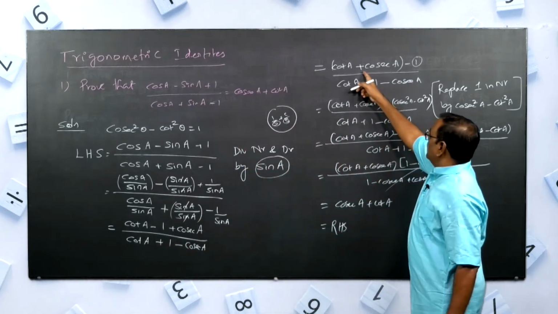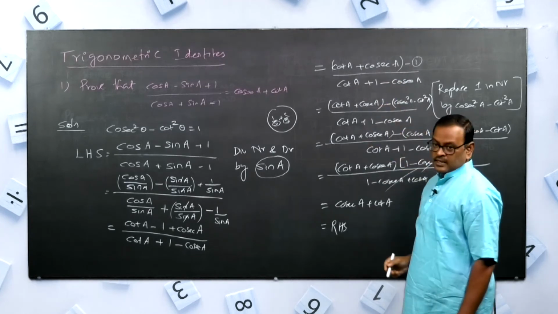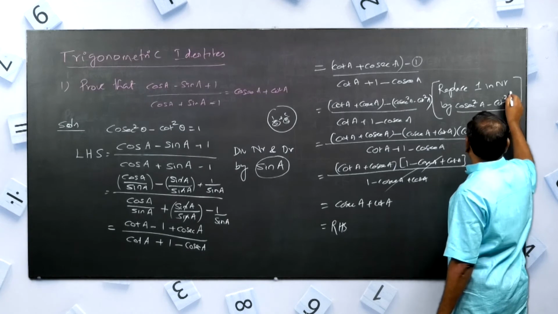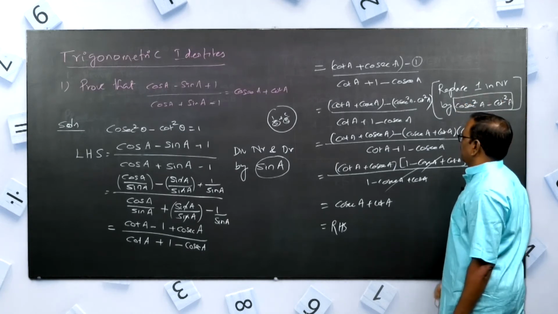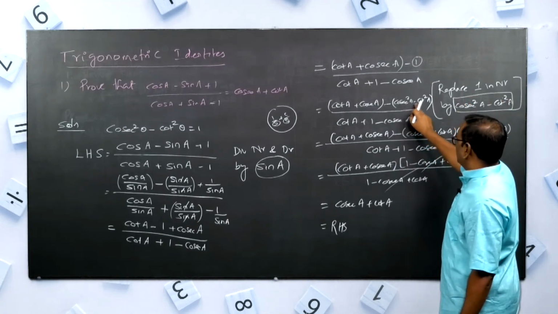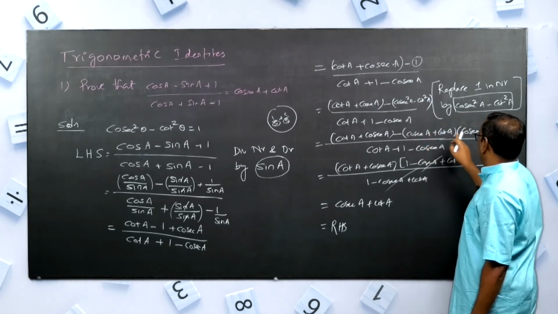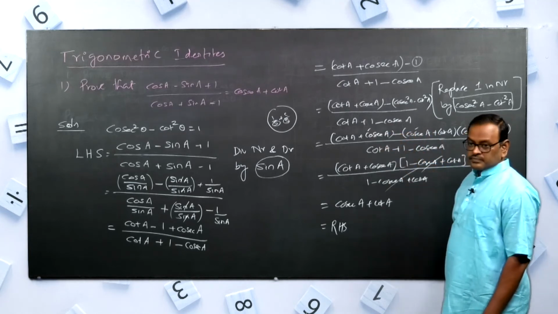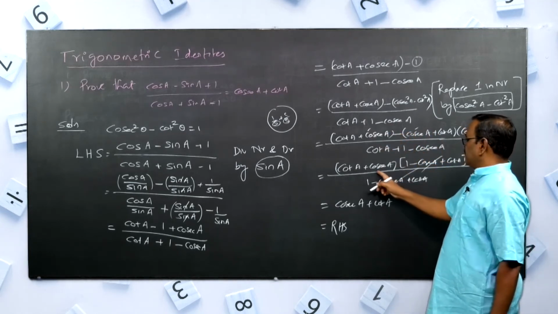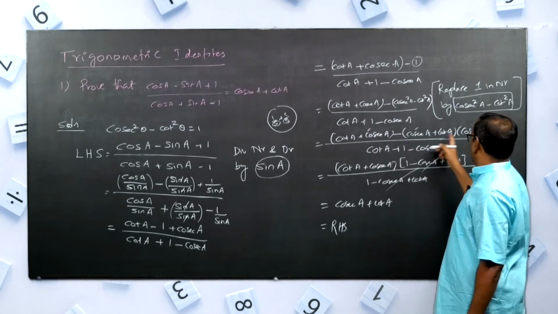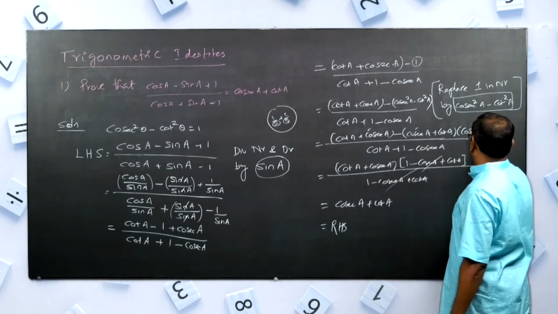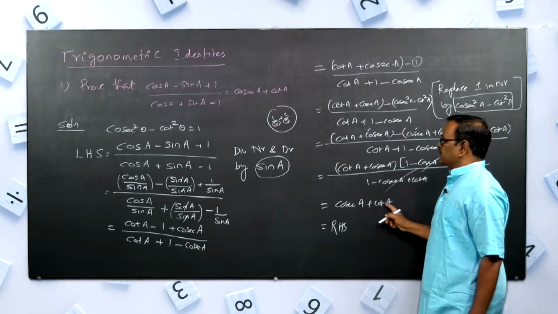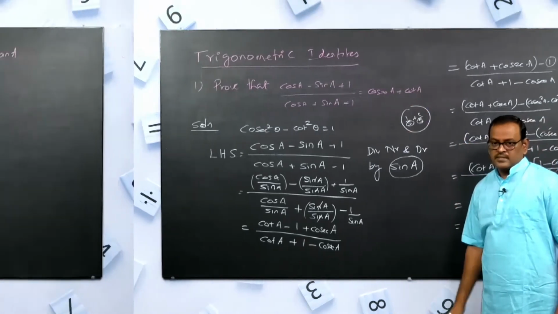Rewriting the numerator as cot A plus cosecant A minus 1 by the denominator, and very important, replace 1 by the identity cosecant square A minus cot square A. Factorize this identity as a square minus b square, (a plus b)(a minus b). In the numerator these two are common factors, so if you take the common factor, this is (1 minus cosecant A plus cot A), and both get cancelled. So this is cosecant A plus cot A, that is nothing but RHS.